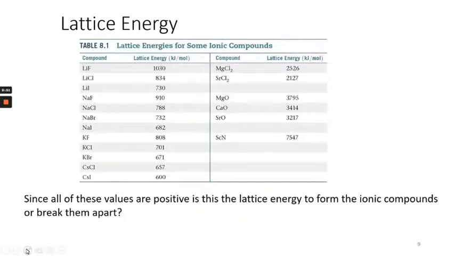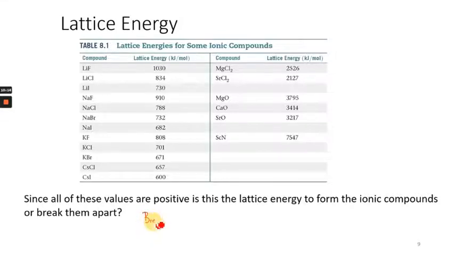So let's look at this table of lattice energies that I got out of your book. Notice all these are positive. Since all these values are positive, is this the lattice energy to form an ionic compound or to break them apart? Well, let's think about it for a minute. If we are forming, we release energy. If we're breaking apart, we have to put energy in.